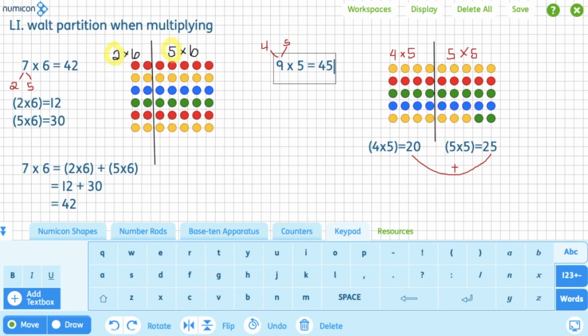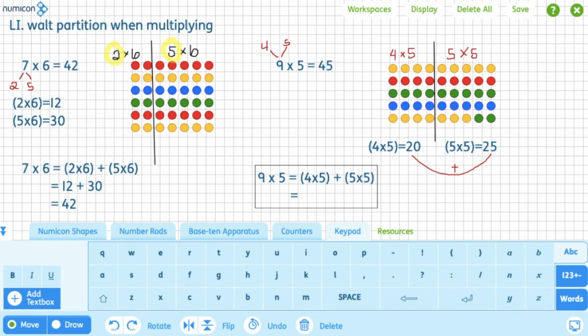45. Okay, so if I were to write it out like I did on the other side, I would have 9 times 5 equals, and what I did was I had 9 times 5 equals 4 times 5 plus 5 times 5. And the reason that we put the brackets on is to show us that we need to solve what's in the brackets before we add them together.